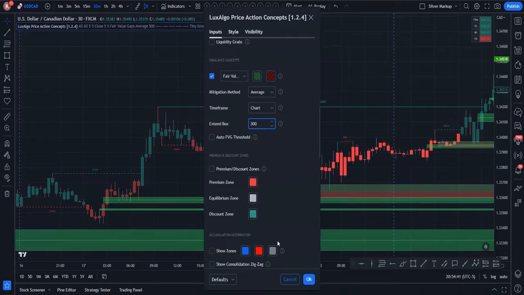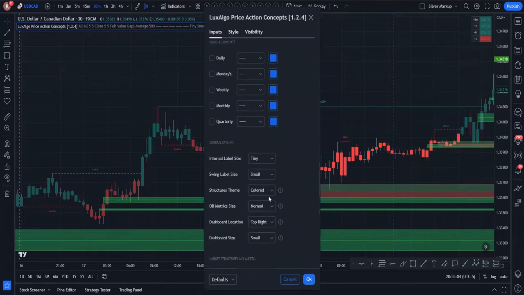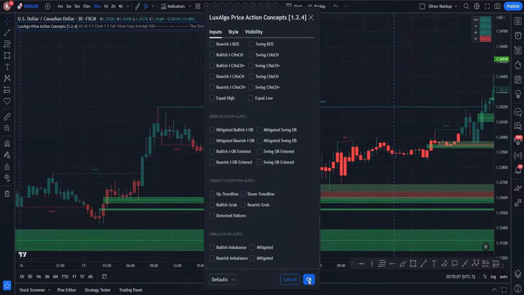You don't want to make it too high because it might make it too irrelevant as you go on in the future if you have a really old imbalance. So 300 gives you a couple weeks of price action, or depending on the time frame, at least a good period of time where you can see that imbalance. So you can give price the time to come back to it if it's going to come back to it. After that, everything else is unchecked.